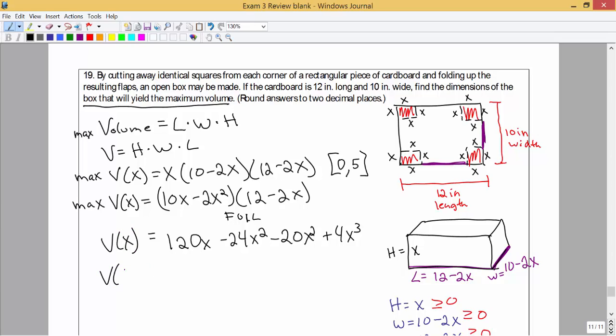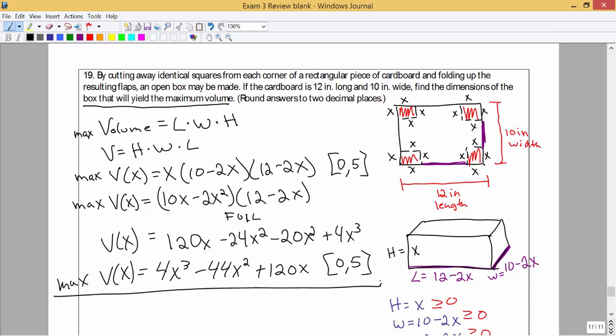I'm going to combine like terms, and I'm also going to rewrite it in a way that is a little bit nicer with the highest exponent first. And I'm going to include my bounds again. So this is what we're going to be working with for the rest of the problem.